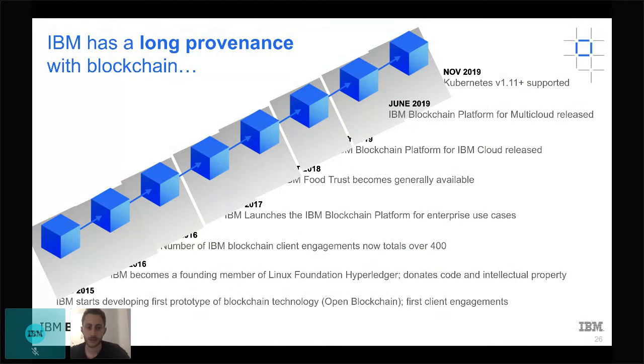And throughout the years, we contributed that to the open source community, and it is now governed by the Linux Foundation. And it's an open source project. You can all go look at the code, download the code, and start messing around with it, trying it out. And that has been worked on for many years now.